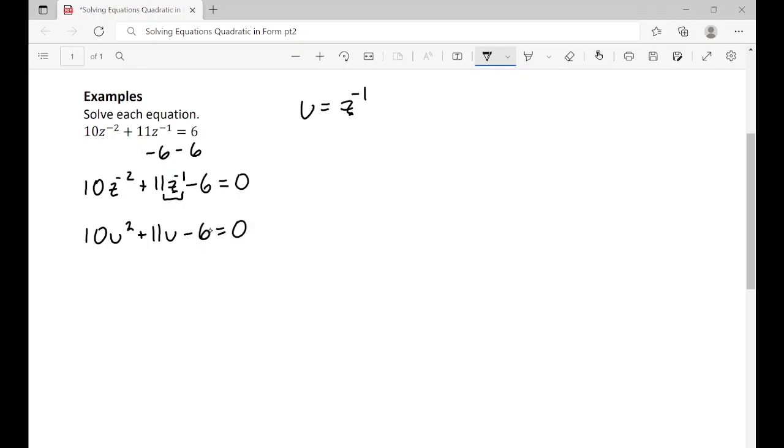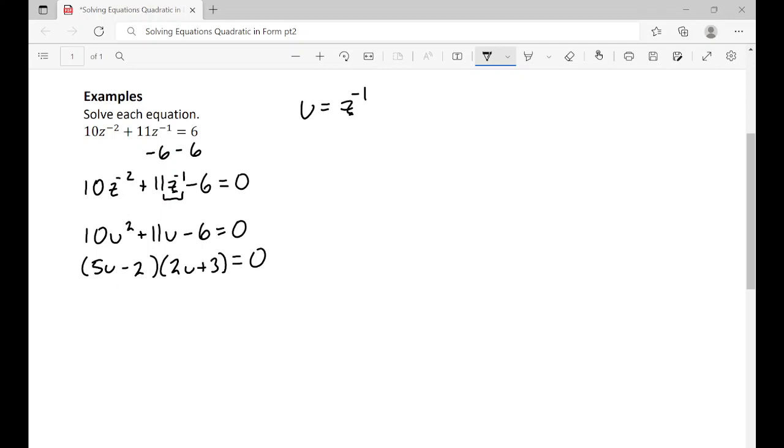And now again we can solve the quadratic: complete the square, factoring, whichever you prefer. I'm going to do factoring because I think that's easier, and I'll skip a few steps and just go straight to the answer. But when you factor this down, you should get 5u minus 2, and you should get 2u plus 3.